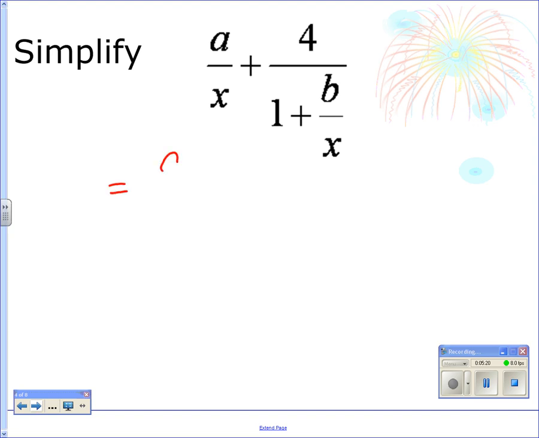Okay. You want to leave the a over x alone for now, okay? Because it's already just a fraction. What do I need to do with this second one? That's right. How do we make this not a complex fraction?